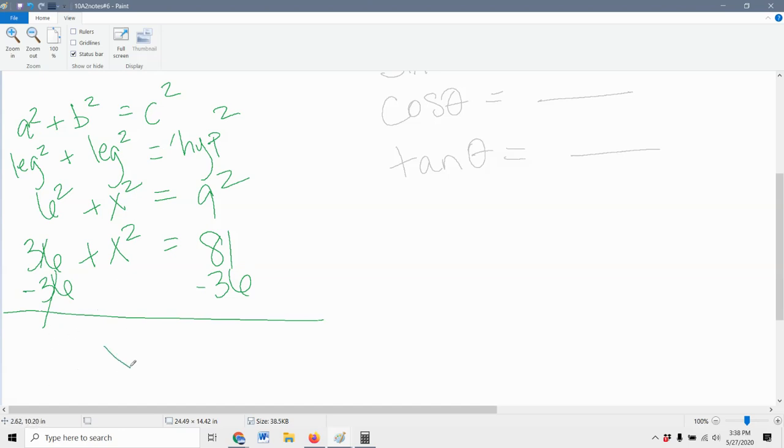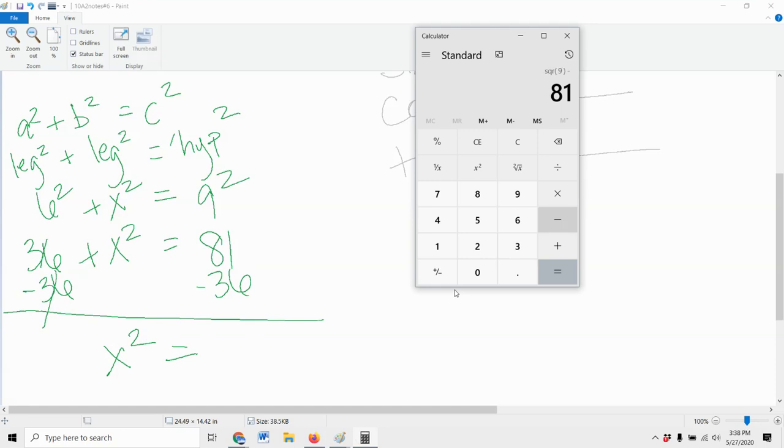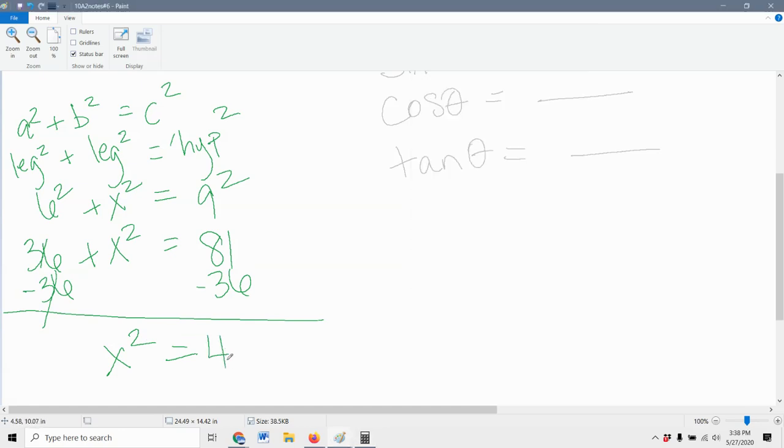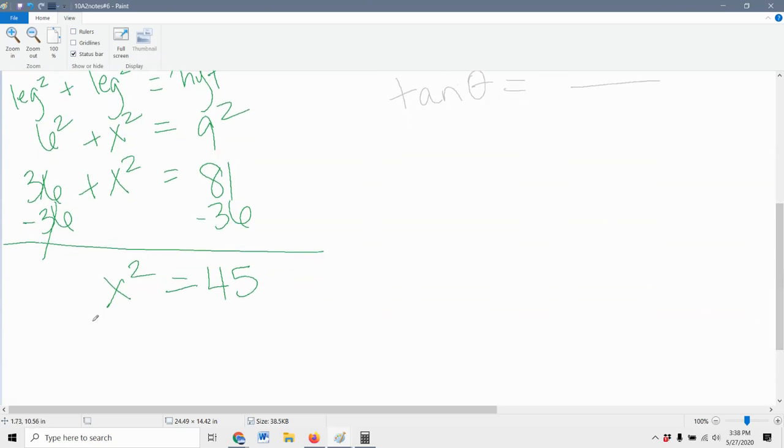We don't need to write that. We'll bring the x squared down. And that 81 minus 36 is going to give us 45. Okay? 45 is not the number we're looking for. We're looking for x, which would be the length of that side.